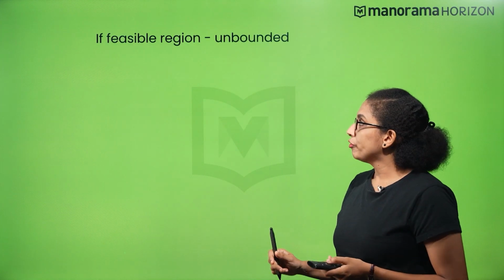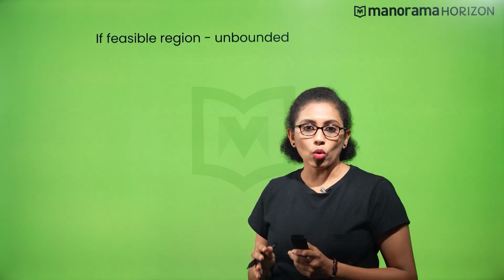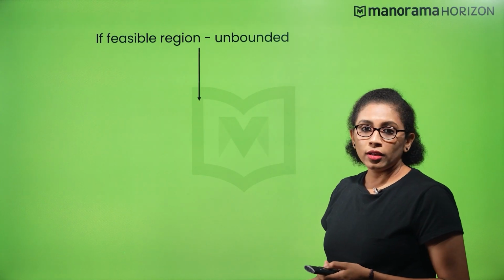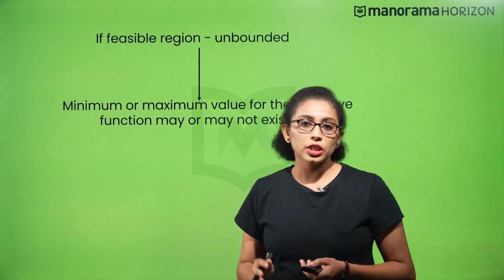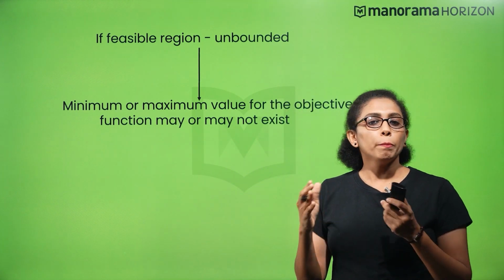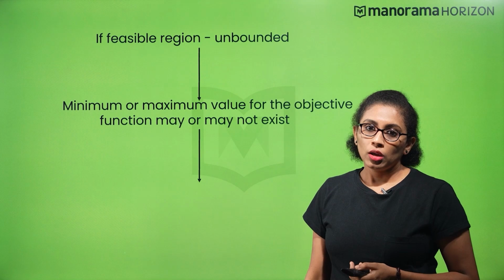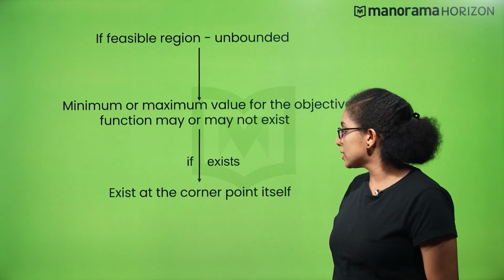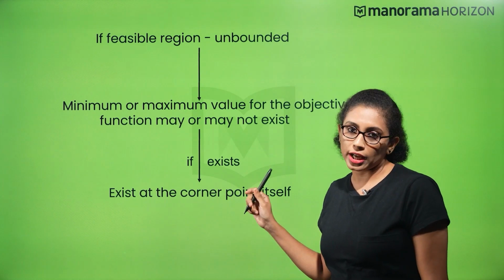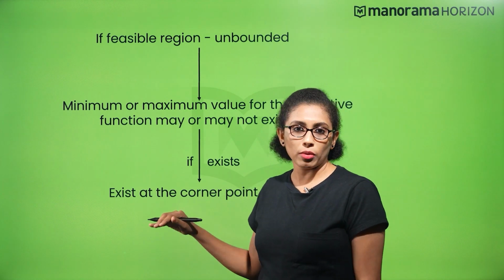And if the feasible region is unbounded, then the minimum or maximum value for the objective function may or may not exist. But if it exists, it will exist at a corner point itself. This we have to remember.